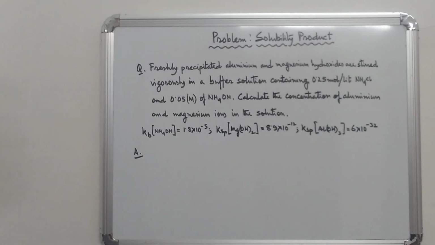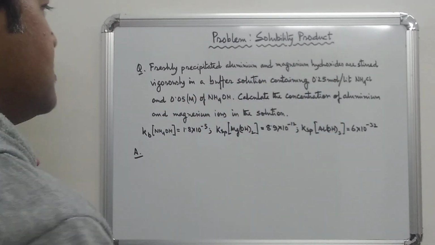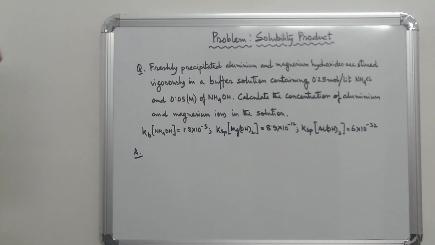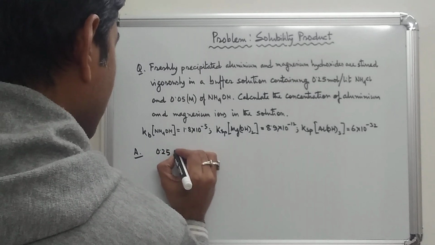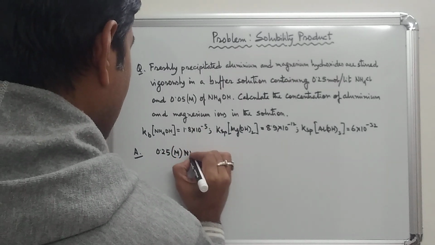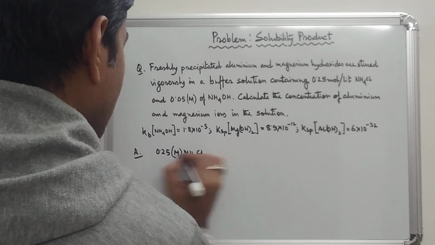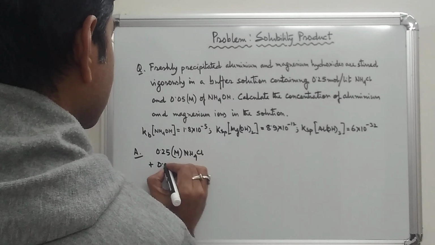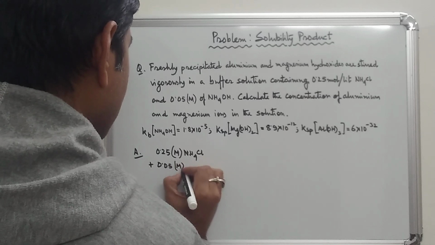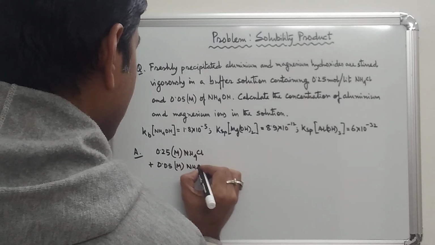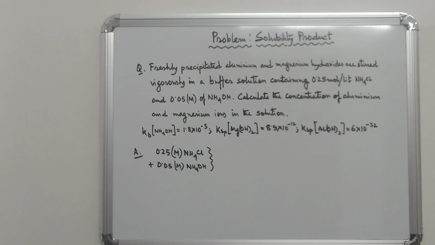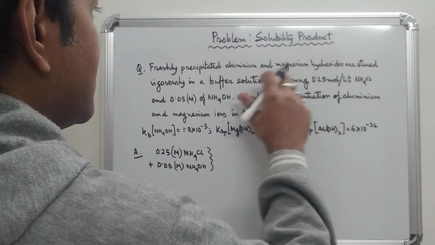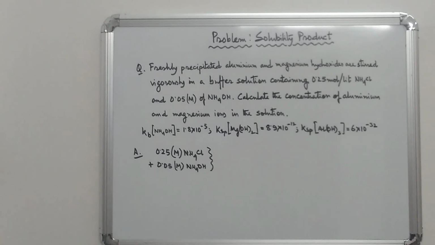As we know, this forms a buffer solution, and here this is nothing but 0.25 mole concentration of NH4Cl plus 0.05 mole concentration of NH4OH. So this is the buffer which makes the precipitation of aluminum hydroxide and magnesium hydroxide.